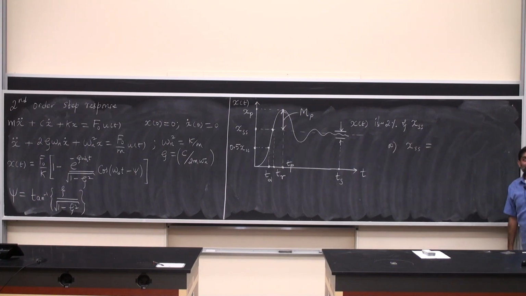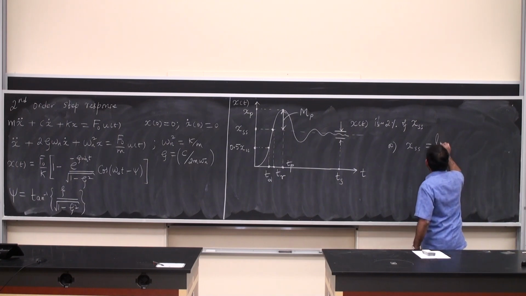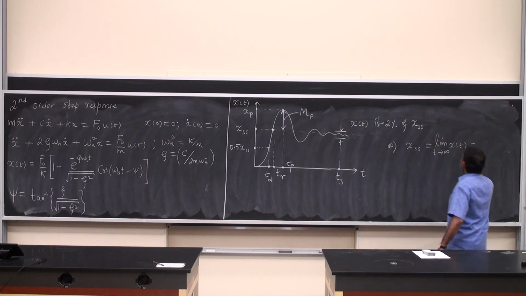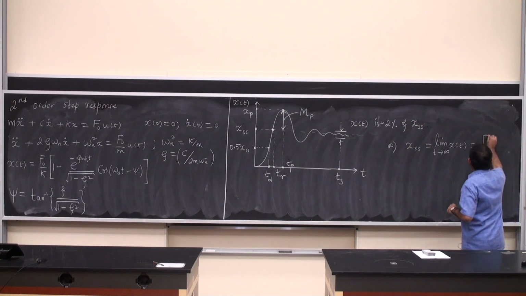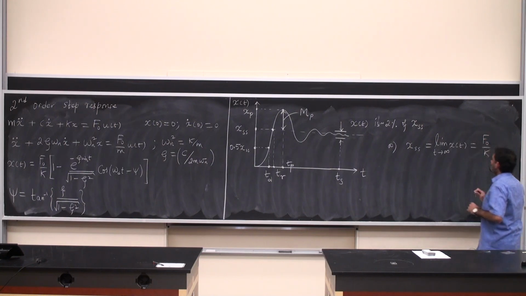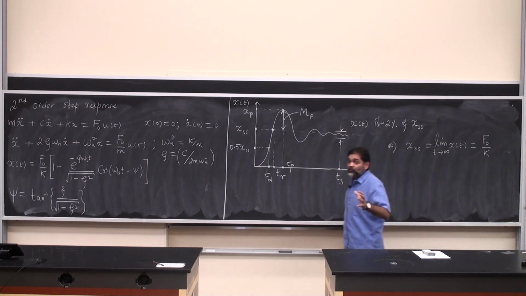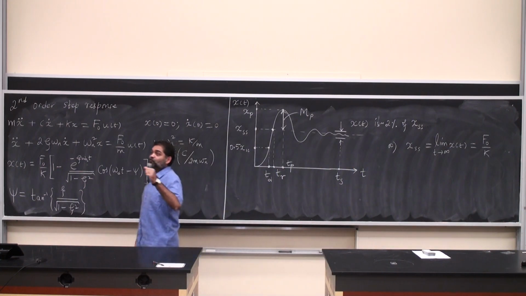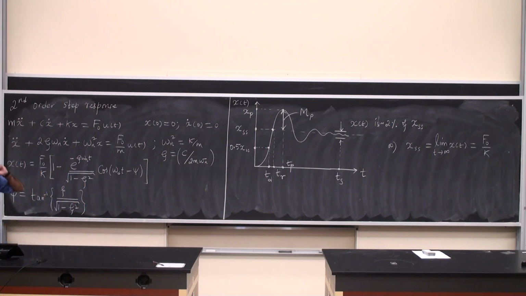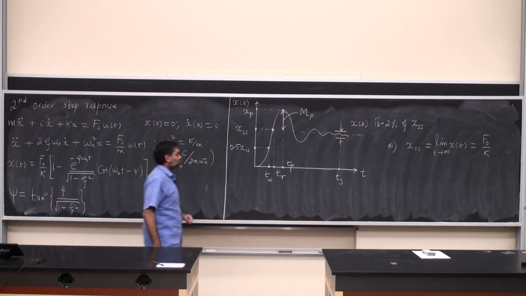X steady state is nothing but the limit of the system response as time goes to infinity, which, as you can see from the solution, is f naught divided by k. If I have a unit step input, the value of f naught is 1, so the steady state value is 1 by k.